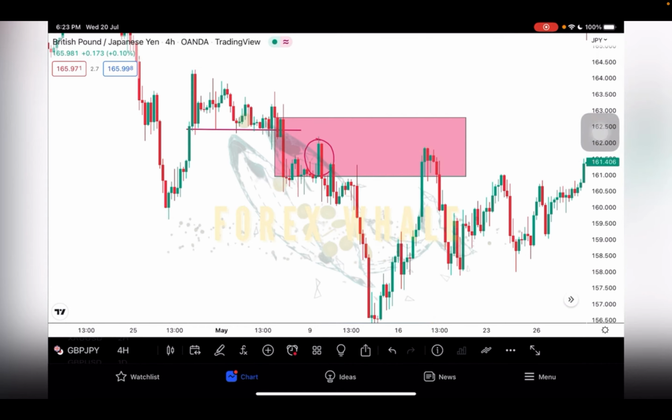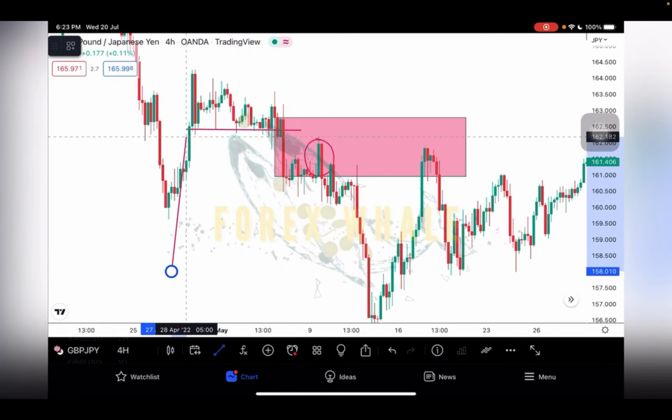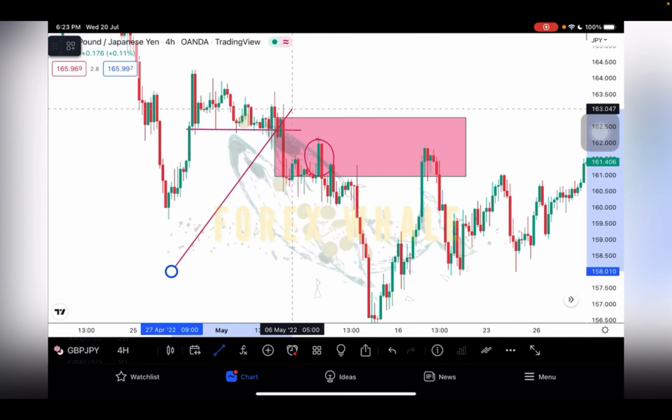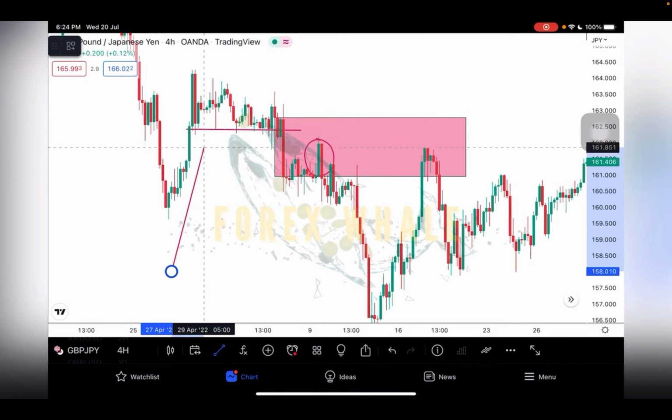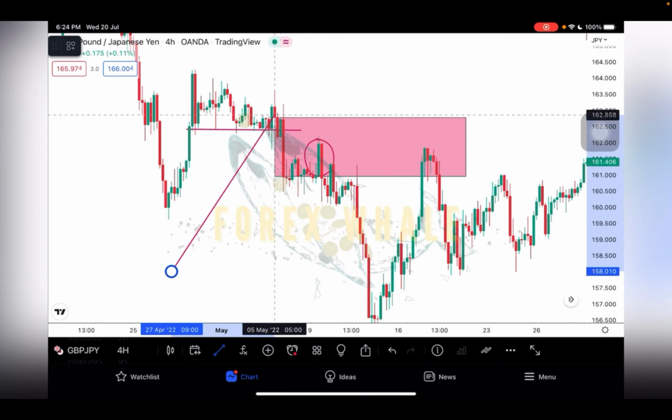This is what I meant by added confluence: price has already broken this support level, and when it broke that structure, it created this bearish engulfing. Once it forms, our style would be to just place our trades here. Our entry point will be somewhere around here, but our stop loss will still maintain somewhere around here.